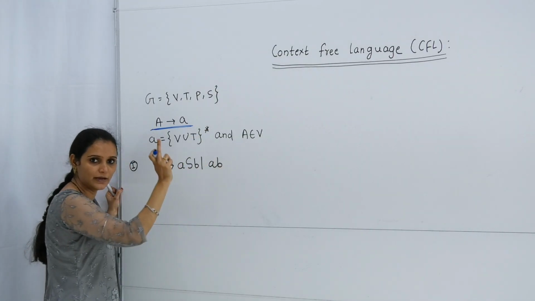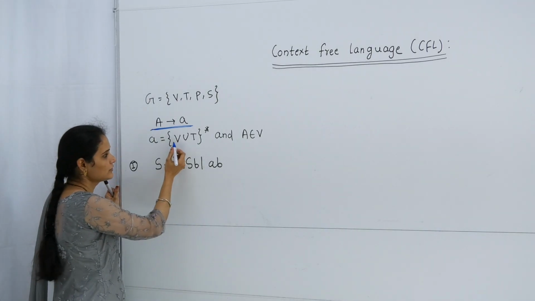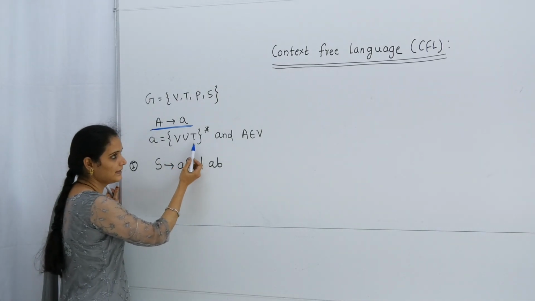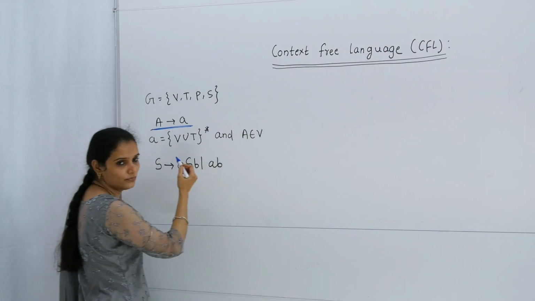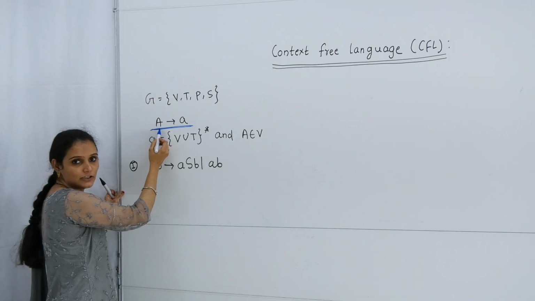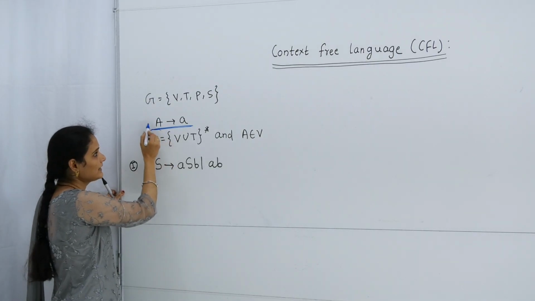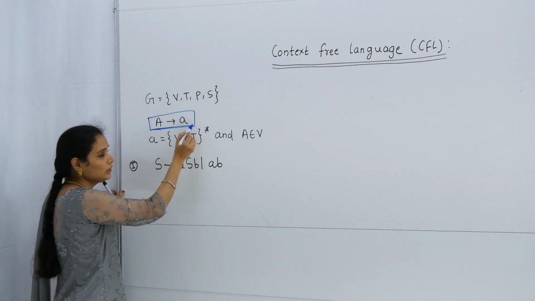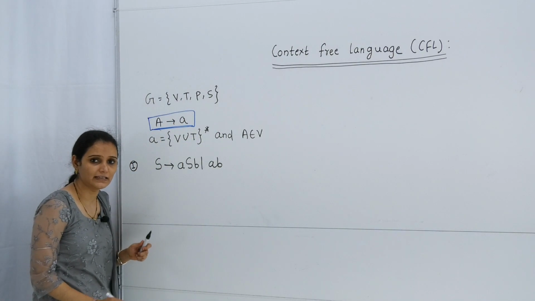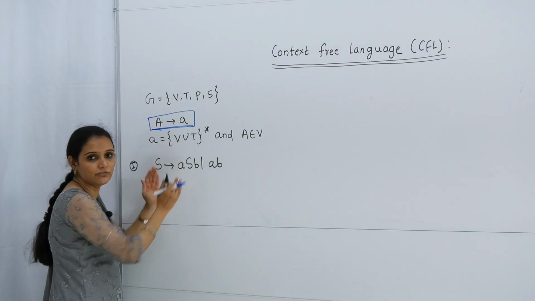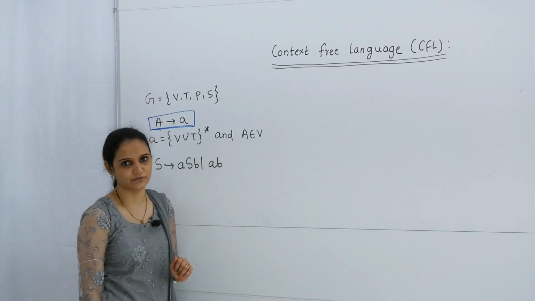Star operation we have seen in our first unit, how the star operation works. So non-terminal or terminal with the star operation, and A belongs to V. That A should be one of the symbols from our non-terminals. So that is the production rule form for the context free language, or we can also say that is the difference between the regular language and the context free language.